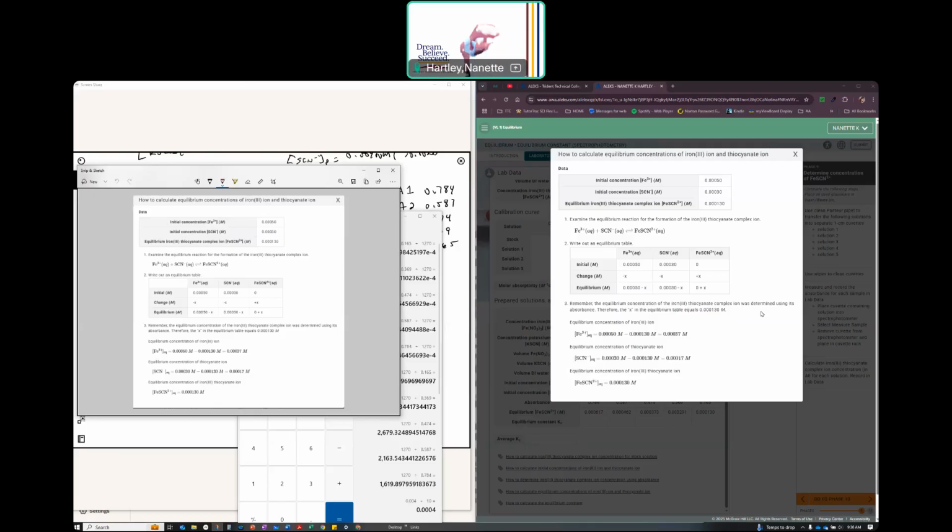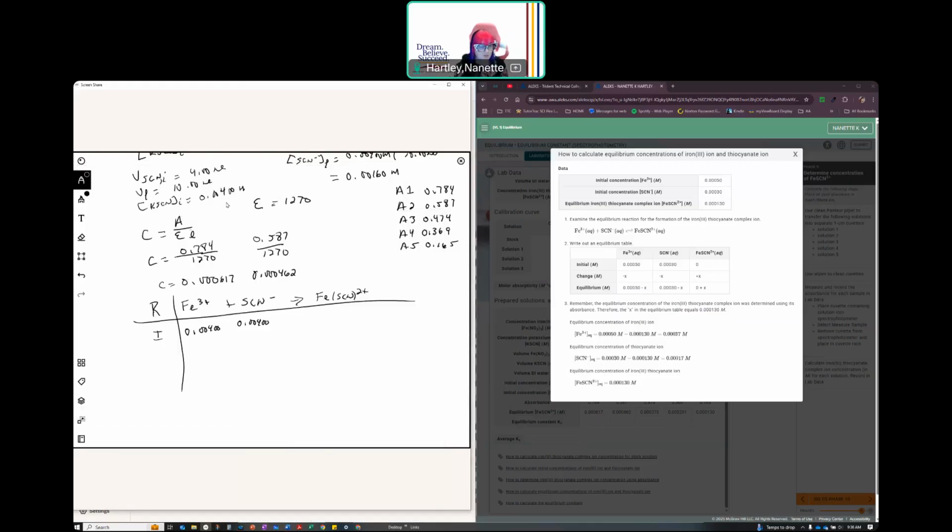0.0004. Actually, that's their example, but I'm looking at the numbers that we had, 0.00400, 0.00400. And I remember that because it's right here. So I know that was the same number for both of them. That's why I'm writing it down. Okay. So my initial FeSCN concentration, I'm pretty sure that we wrote that down.